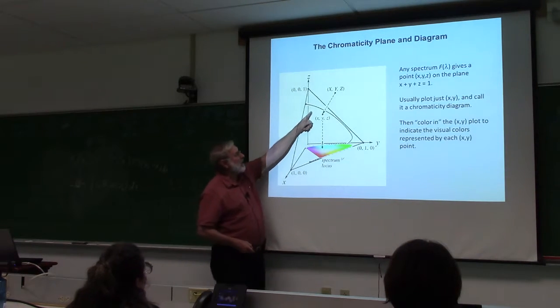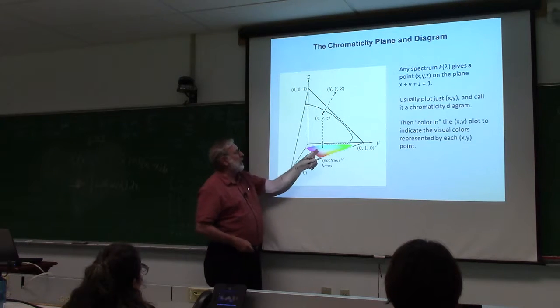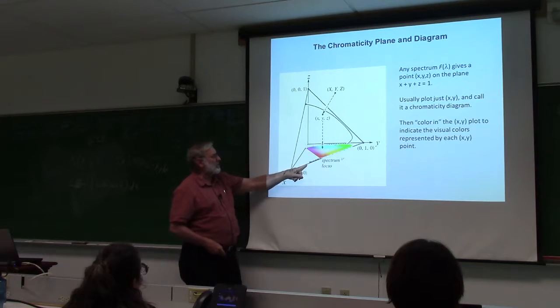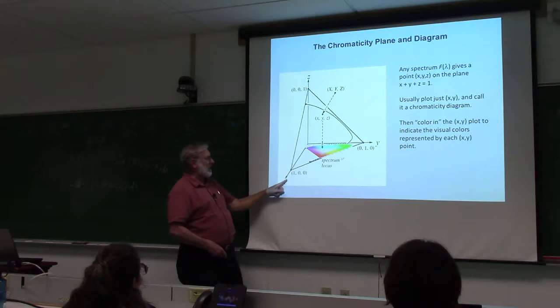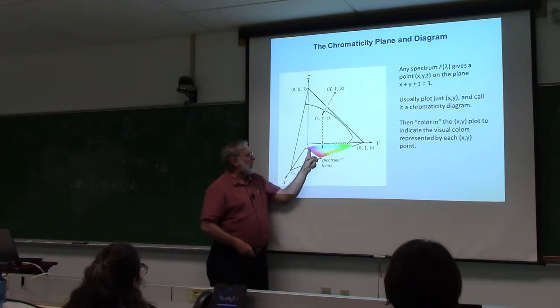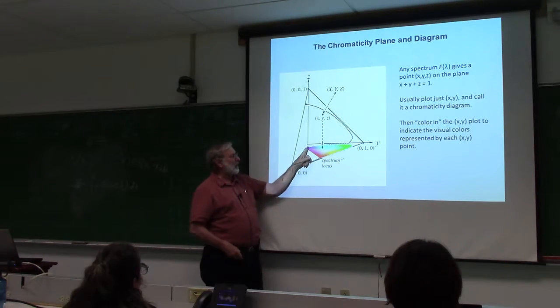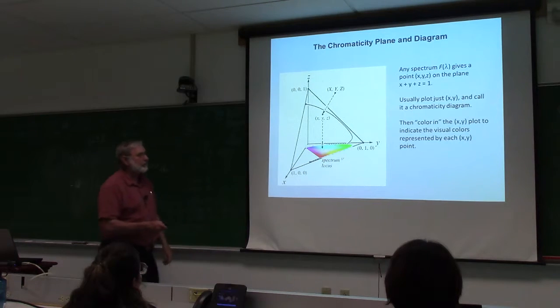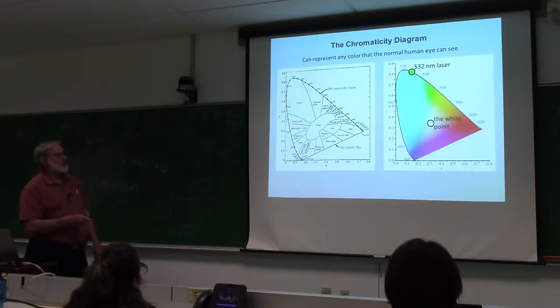So they take the projection of all the possible values you can get, project it down into the xy plane, and then color it in according to what color you see these different points as being. And that's called a chromaticity diagram.